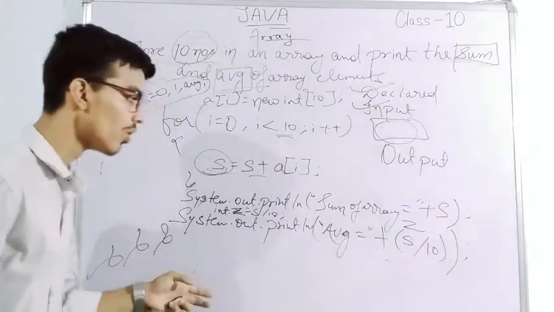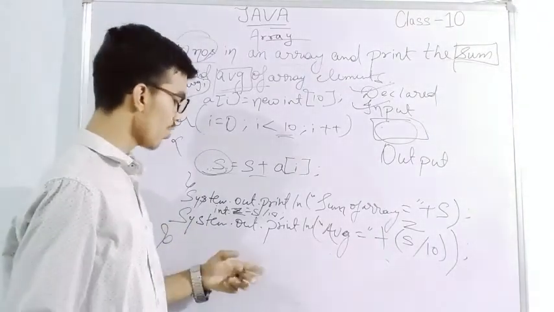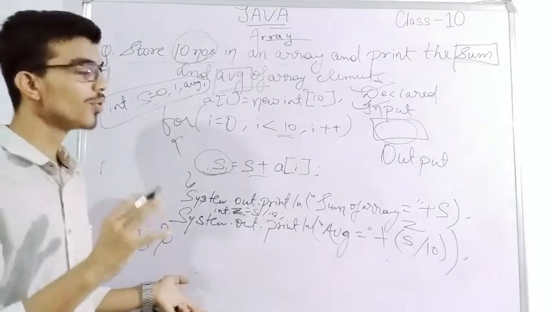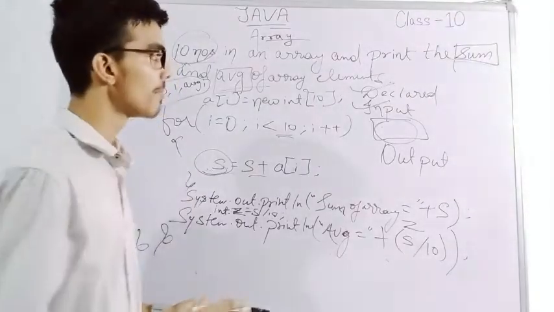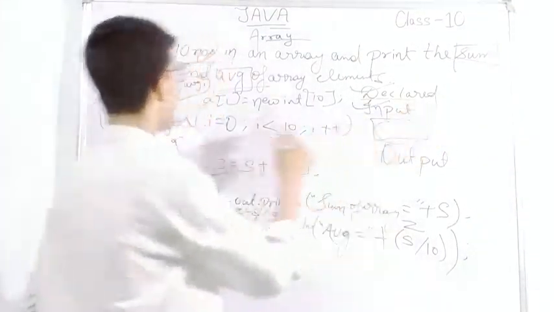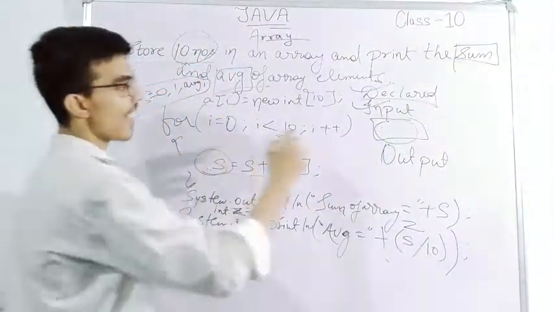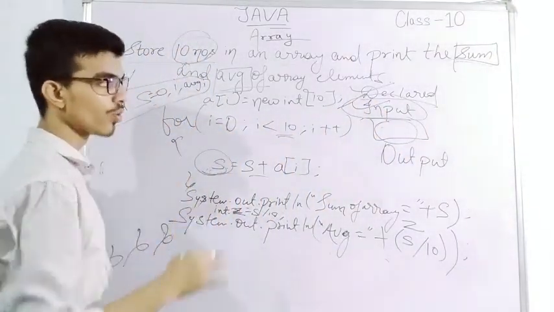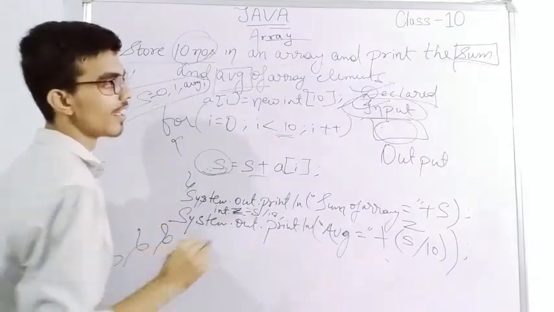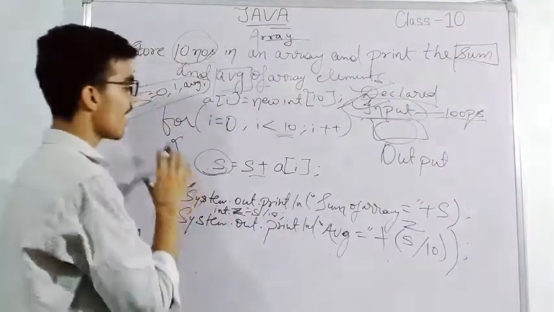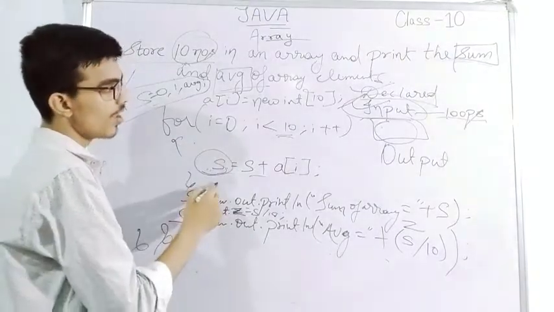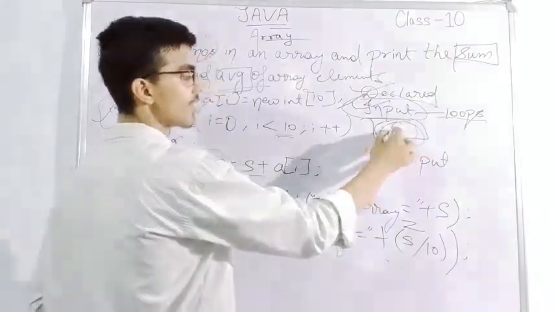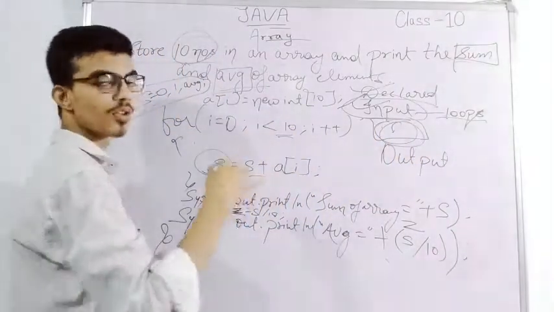So this is how we write programs in array. There are a few simple things that we have to remember. First we have to declare, as this is the declaration part. After this, input, which we take in a for loop in the array. After this, we perform the task which is given in the question.